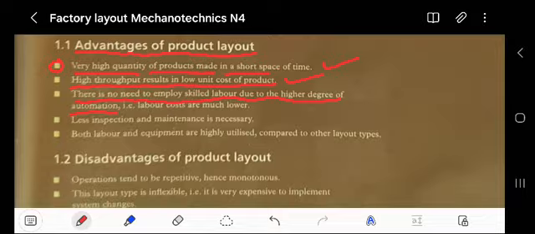Since there are so many machines, the specific people needed are those who know how to operate them. So you don't need to hire a lot of people. You'll hire people who are essential or vital to your factory workshop layout, right? This is what you're supposed to know.